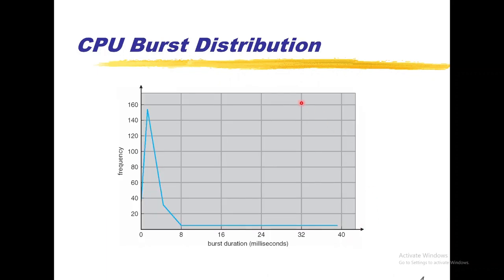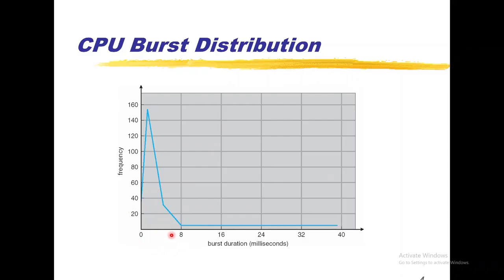Now, this is an example of the CPU burst distribution. From this distribution, it's been seen that we have more concentration of bursts between 0 and 8 milliseconds, with as high as 140 to 150 processes around the 4 milliseconds mark.